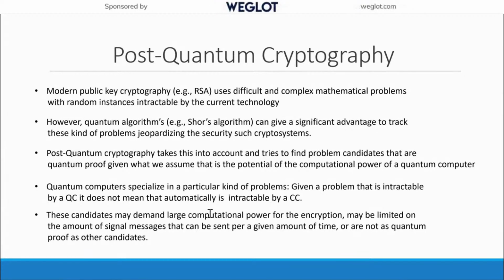Or we may have a limited amount of signal messages that can be exchanged. Or we may not be so sure that these hard problems cannot be tackled by a quantum computer, because till now we don't know all the power that a quantum computer can give us.